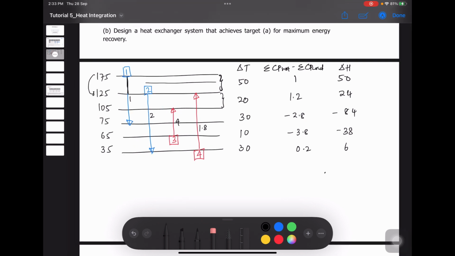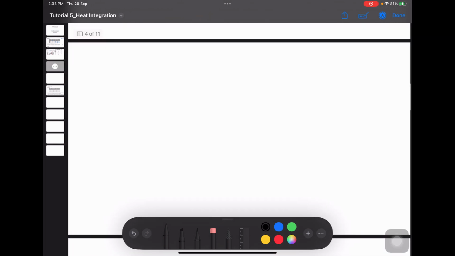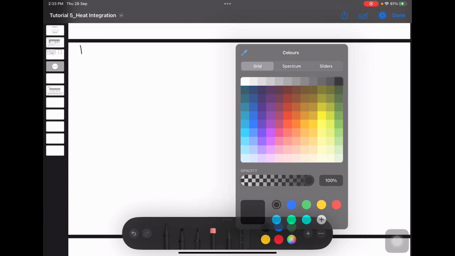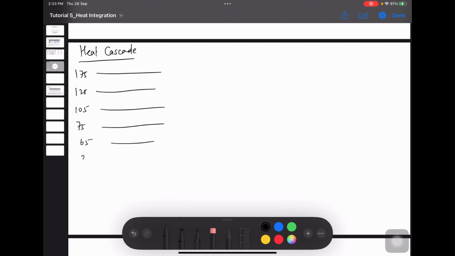Okay, so now our next step is to perform the heat cascade, right? So again I'm going to write the temperatures 175, 125, 105, 75, 65, 35.